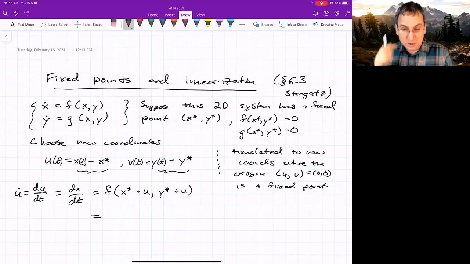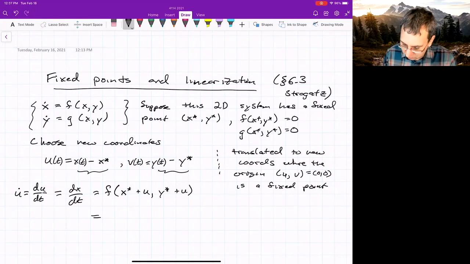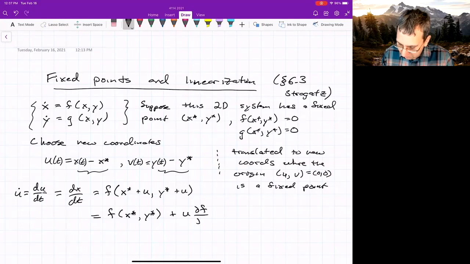We've done a one-dimensional Taylor series expansion when we analyzed the 1D ODEs. Now we're just going to do a 2D Taylor series expansion. So a 2D Taylor series expansion is that you evaluate f at the fixed point, then plus u times partial f partial x evaluated at the fixed point.